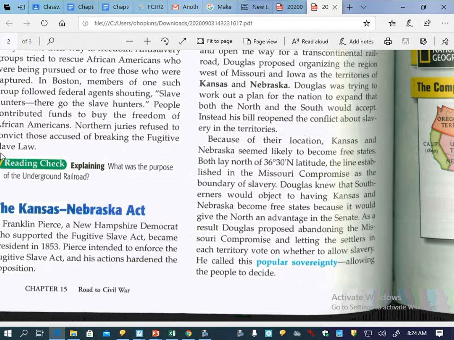Douglas knew that Southerners would object to having Kansas and Nebraska become free states because it would give the North an advantage in the Senate. They would get more votes. As a result, Douglas proposed abandoning the Missouri Compromise and letting the settlers in each territory vote on whether to allow slavery or not. He called this idea popular sovereignty, allowing the people to decide.